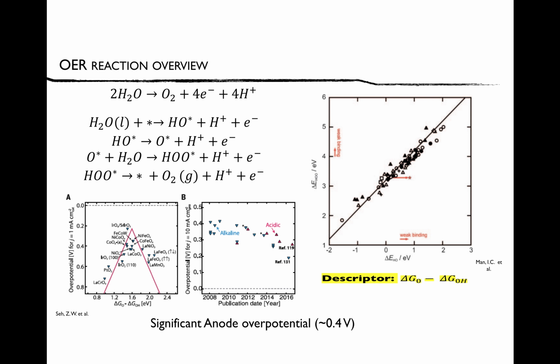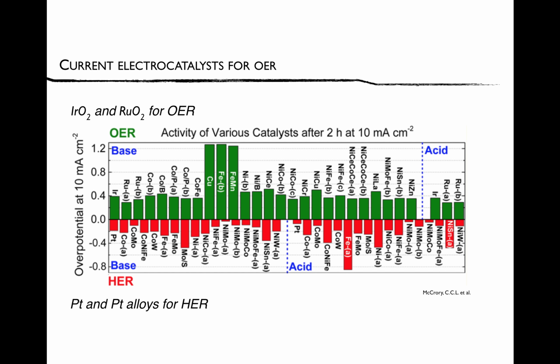So the thermodynamic potential for this process is 1.23 volts. And there is a significant anode potential even with the best catalyst, which means that we still don't have a good catalyst for this reaction. So in the past, platinum was used. Now, recently, through computational tools, there are better candidates.